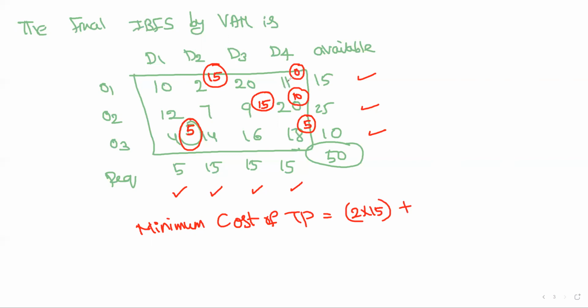How many rupees each item? 11 rupees. So 11 into 0. Next, here how many we require? 15 items. Each product is 9 rupees. So 15 into 9 plus number of items is 10. One item is 20 rupees. So 10 into 20.